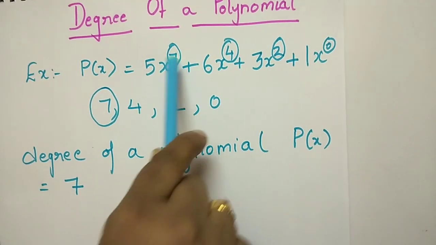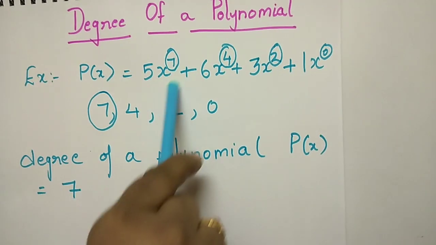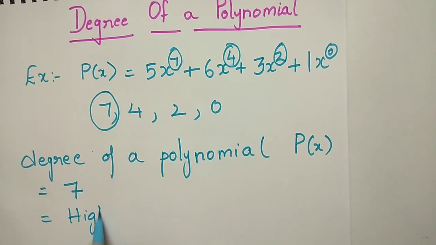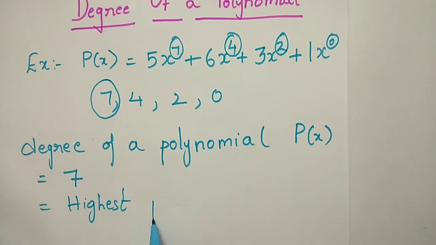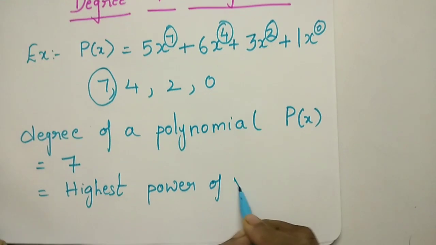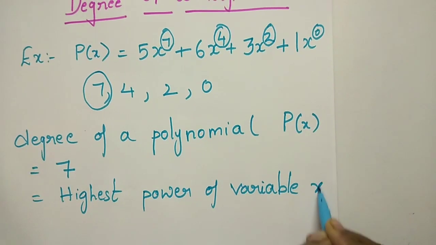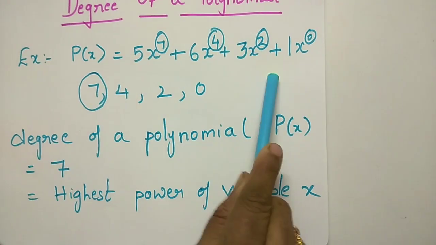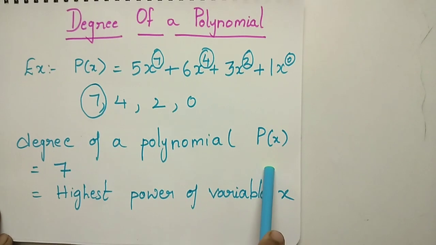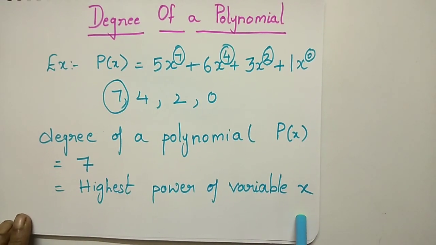It is the power of the variable x. It is the highest power of the variable x in the polynomial P of x. So, degree of a polynomial P of x is nothing but the highest power of the variable x.